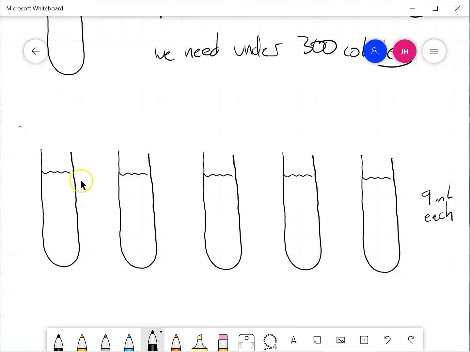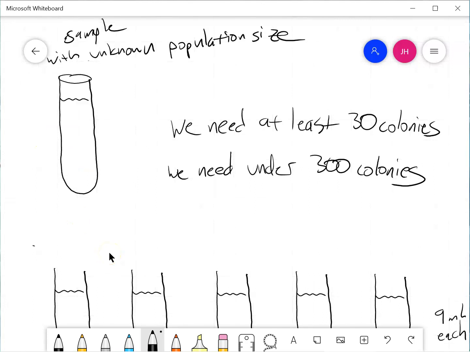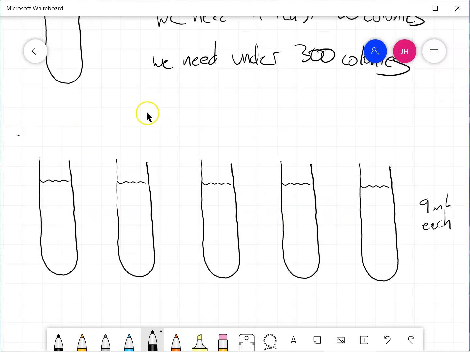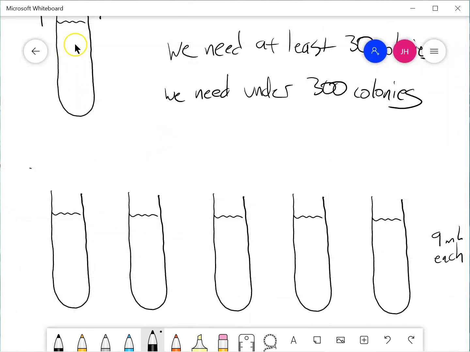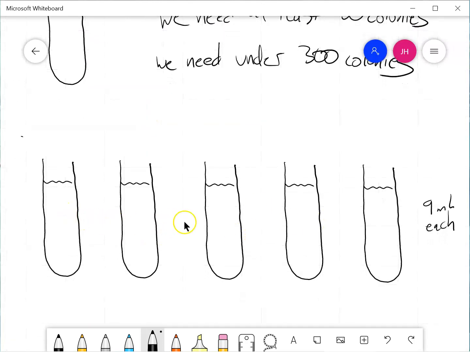We're also going to put a cap on this to keep dust out, right? Of course, we always cap this. So we are going to use these 5 dilution tubes in series to make different dilutions of our sample with unknown population size. Each one of these tubes has 9 milliliters of sterile broth. So the way this works is from this to this first one, I transfer 1 milliliter.